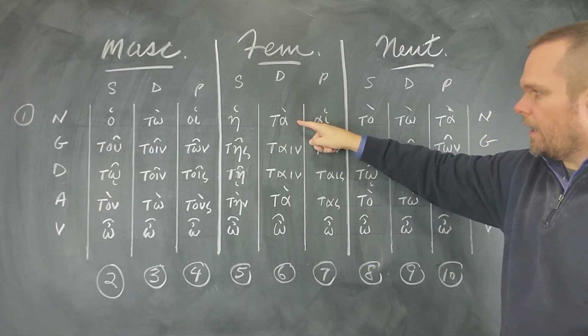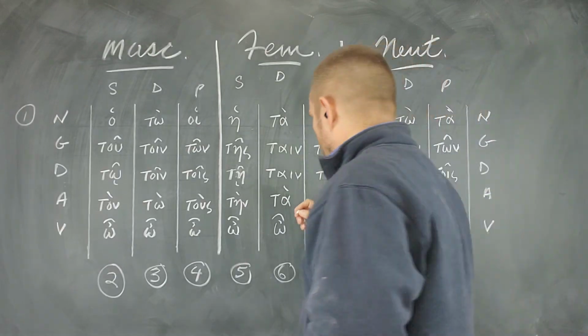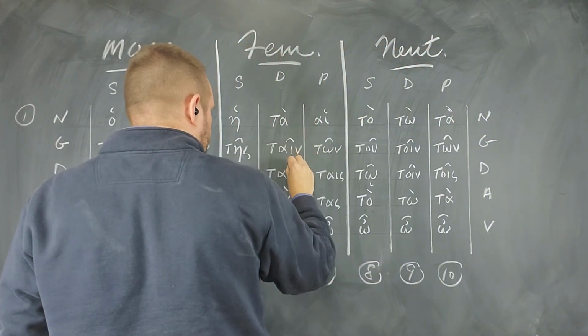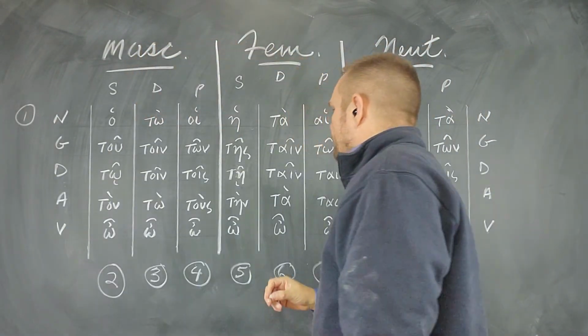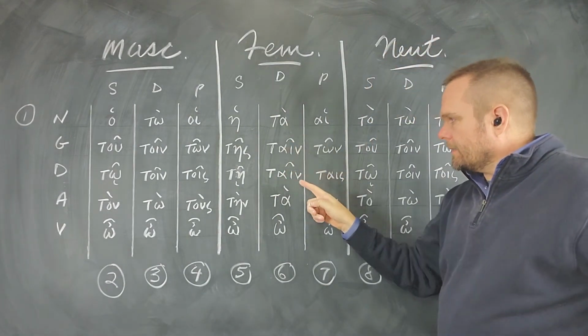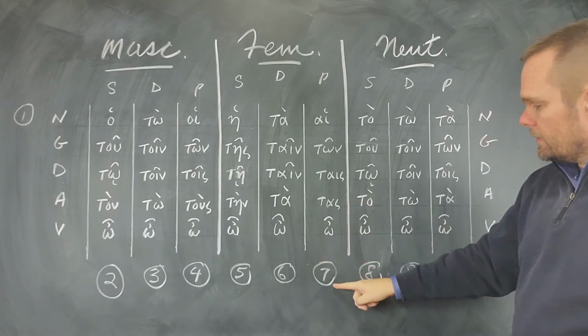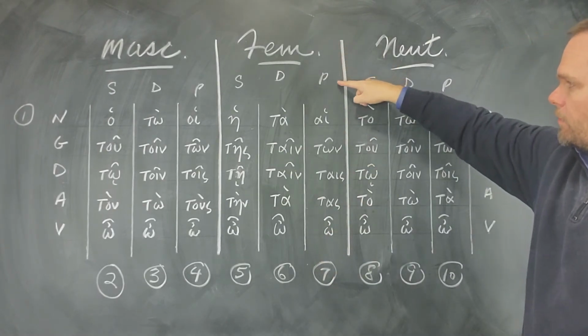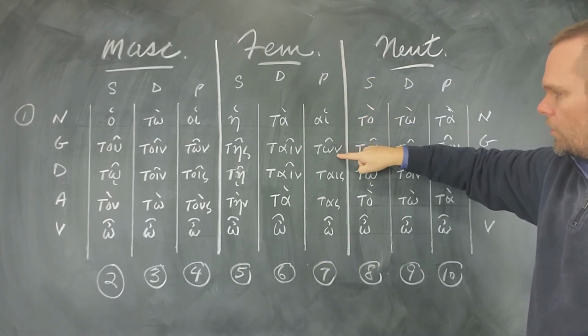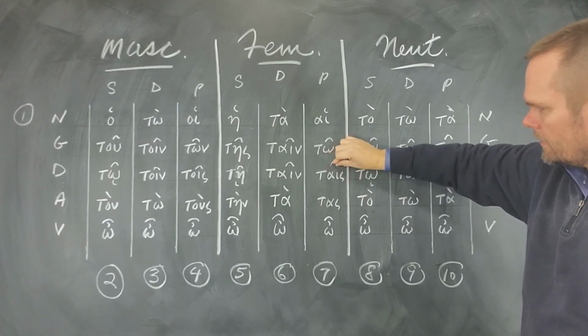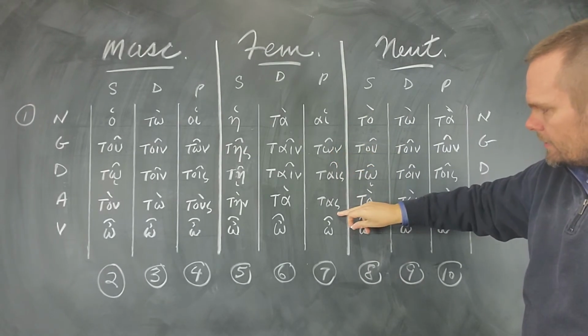Dual. Ta, tain. I left out 2 accent marks. Ta, tain, tain, ta, o. 7th, feminine plural. Hai, ton, tais, tas, o.